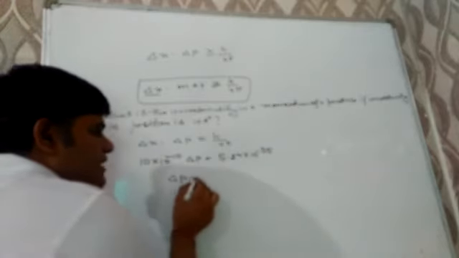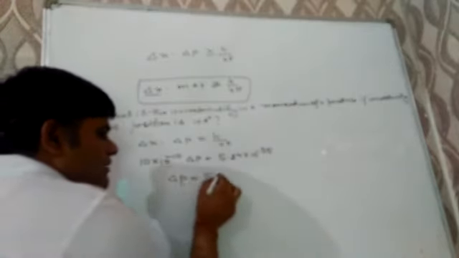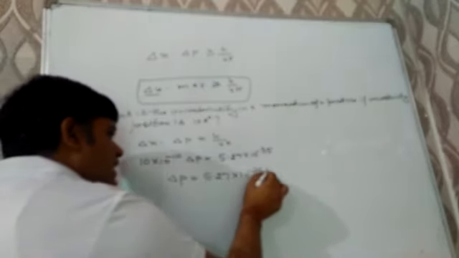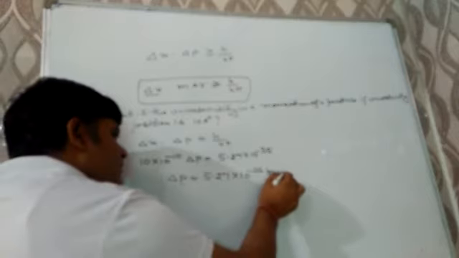So delta p comes out to be 5.27 into 10 to the power minus 26 kilogram meter per second.